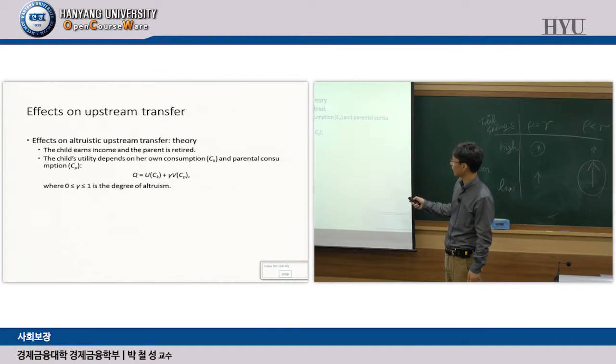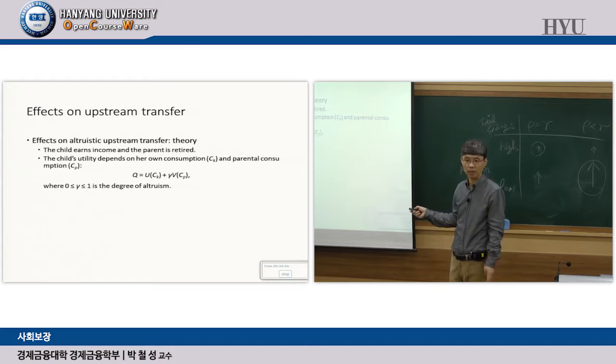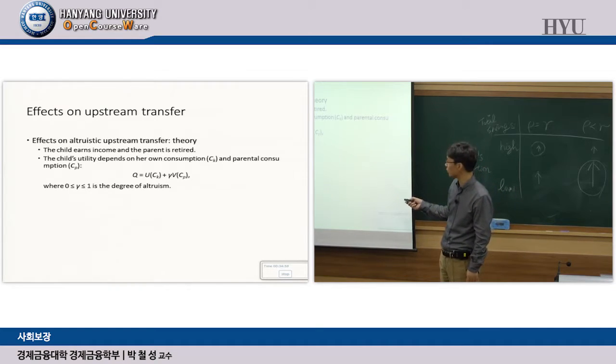We have gamma. Gamma is the degree of altruism. We assume it's between 0 and 1. Actually, we can assume anything, but it's likely to be between 0 and 1. Zero means the child doesn't care; the child is not altruistic.